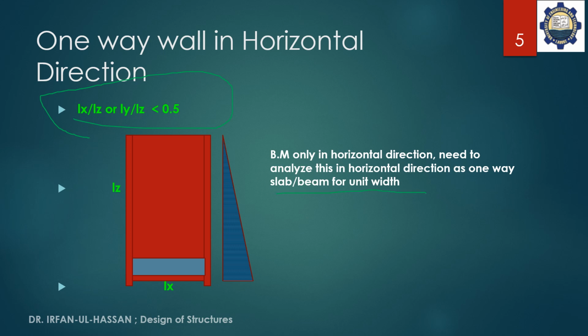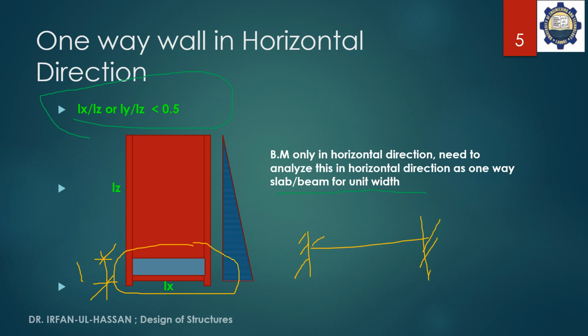So we will just consider in this case a unit width of the wall equal to 1 meter and this length, and we can design it as a fixed-ended one-way slab. And we can take the maximum ordinate of the UVL there.